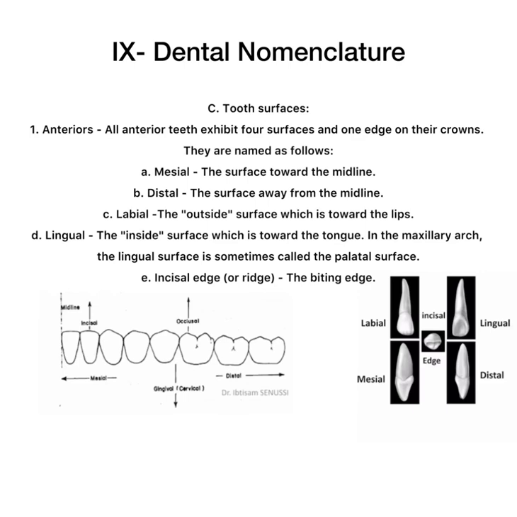Distal, the surface away from the midline. Labial, the outside surface which is toward the lips. Lingual, the inside surface which is toward the tongue. In the maxillary arch, the lingual surface is sometimes called the palatal surface. Incisal edge, the biting edge.